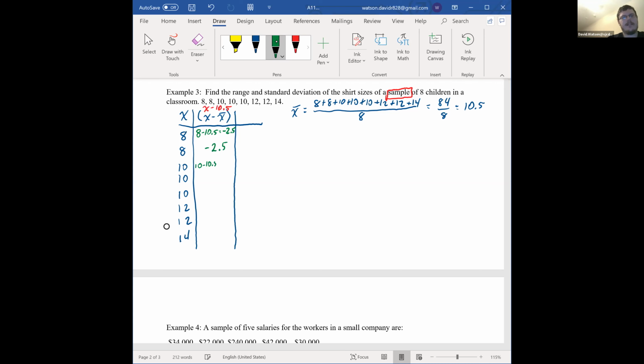It's going to be negative 0.5. And again, these other 10s will be the same thing. 12 minus 10.5 will be 1.5. So another 1.5 there. Lastly, 14 minus 10.5 is 3.5.